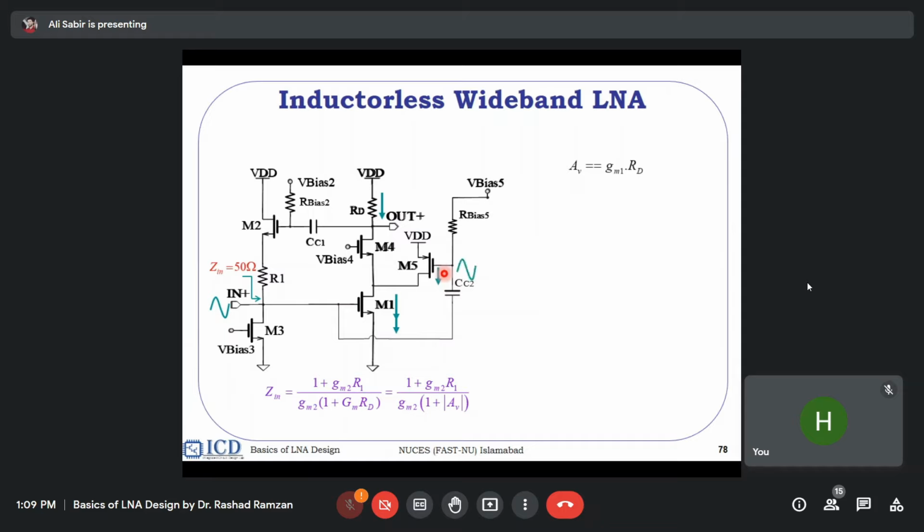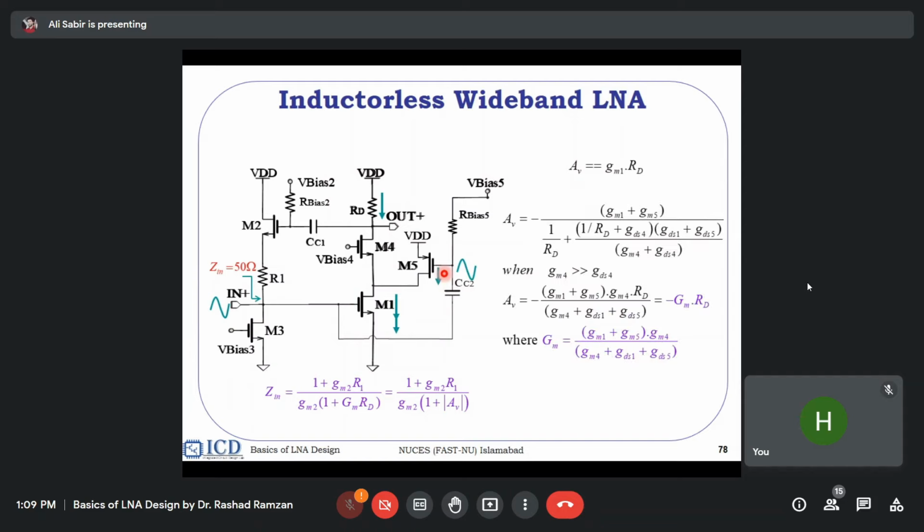Here you see the input signal, and this is my gain expression, where I have GM1 and GM5 both amplifying the signal. So this is the left half of the LNA. Usually at high frequencies we make a differential design for two reasons.